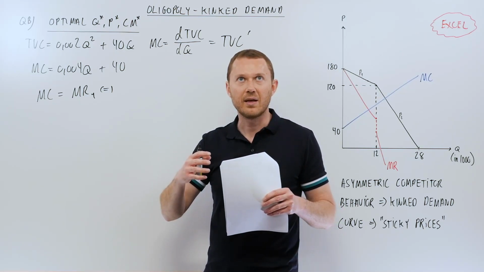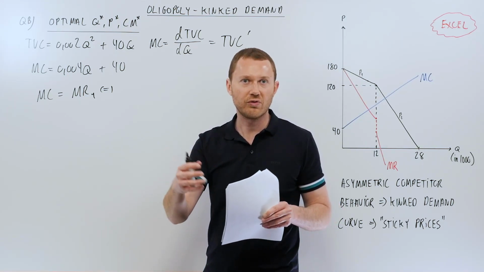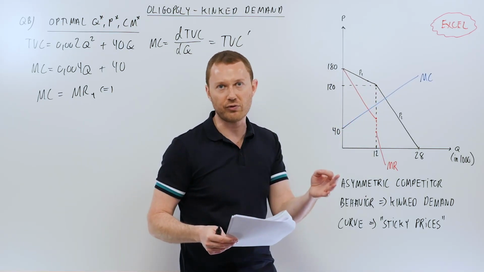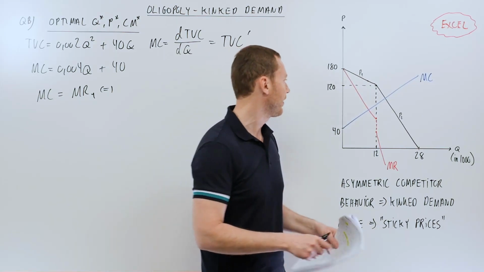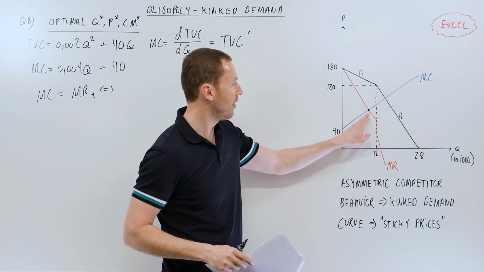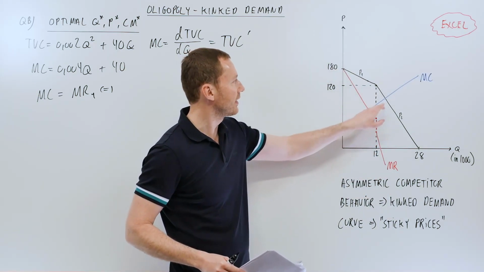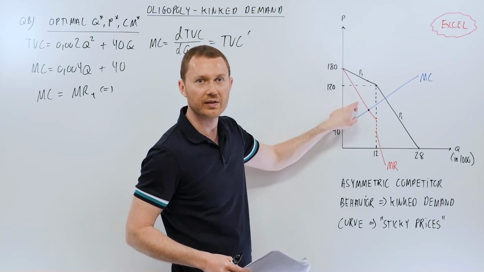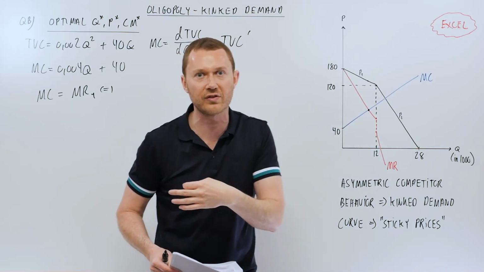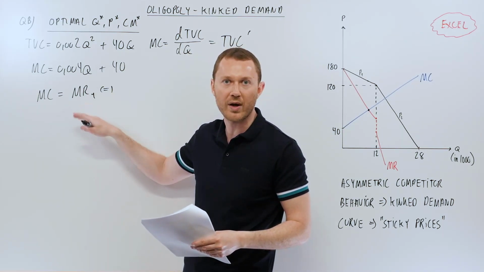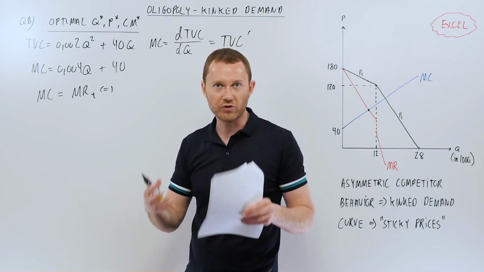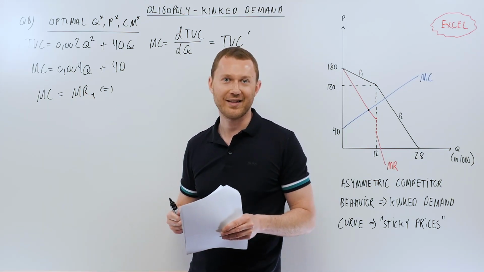Make a reference to your illustration, saying, I can see from the illustration that my optimum point, MR equal to MC, is there. Thus, I'm setting MC equal to the first interval of MR. Just write that into your exam so they know that it's not just coincidence you set it equal to MR1. You thought about it, you evaluated it, and you are certain that that was the right intersection.